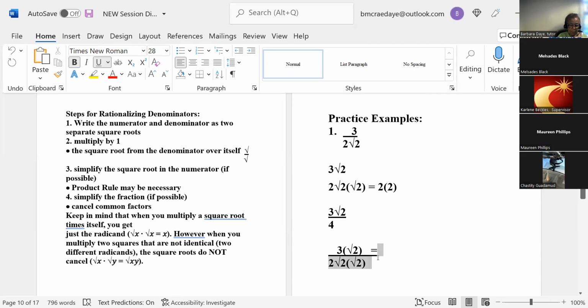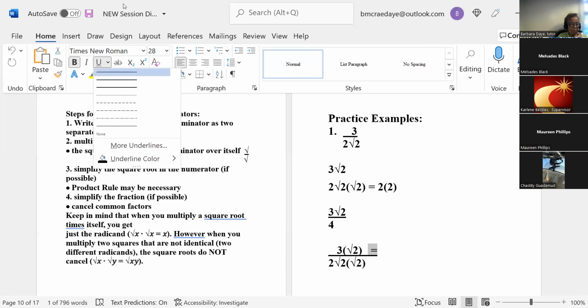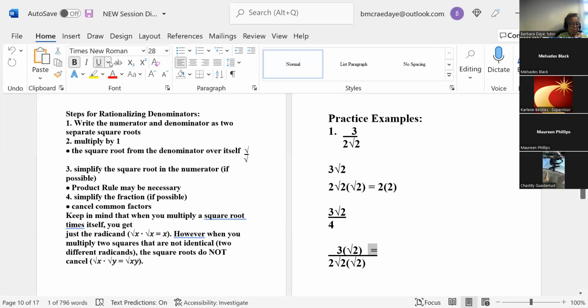Yeah, so in the numerator, I just have 3 times square root of 2. This doesn't change. I multiply it by square root of 2 and that just stays there. No, that would be the numerator, right?